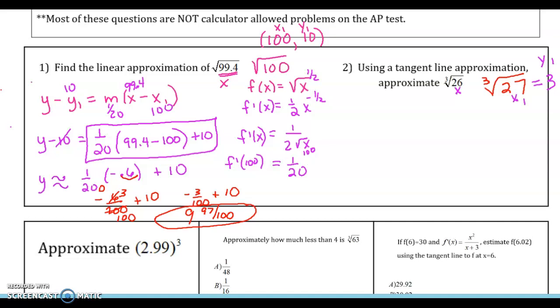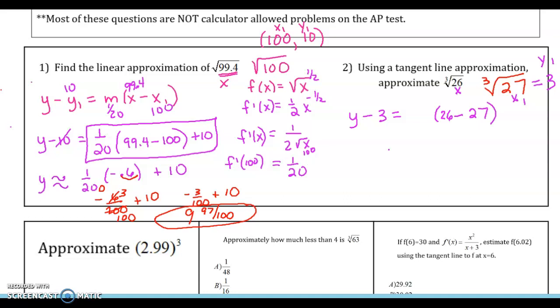The one that you can do, that's your point that you're plugging in. All right, so y minus y1 equals m, we don't know, x minus x1. I should have plugged that in, sorry. 27, actually I will. x, so 26. And this one will be easier because it's not going to be a decimal, but I need to find my slope.